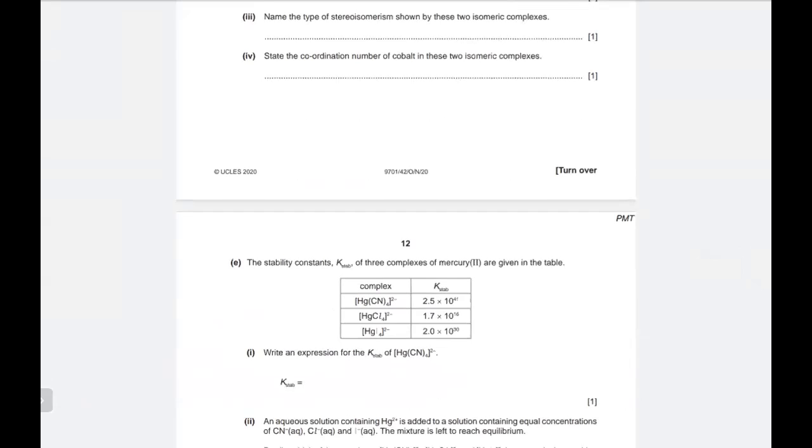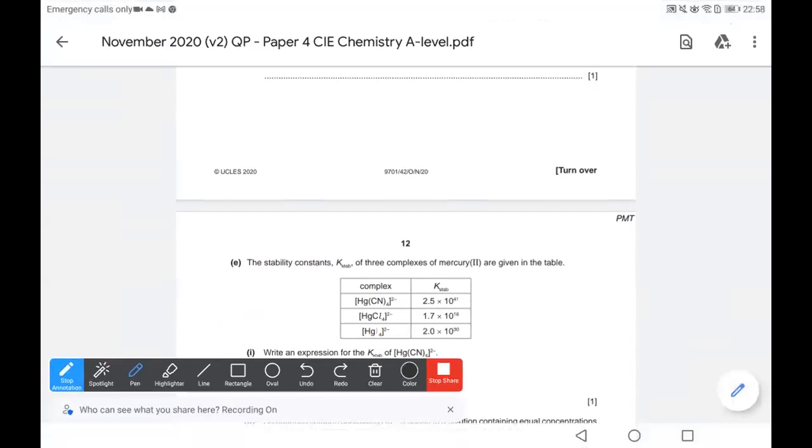K stability of complexes. K stability is the equilibrium constant, same as Kc, for the formation of each complex. Expression for [Hg(CN)4]2-. It is formed by Hg2+ (aq) plus 4 cyanide in equilibrium.